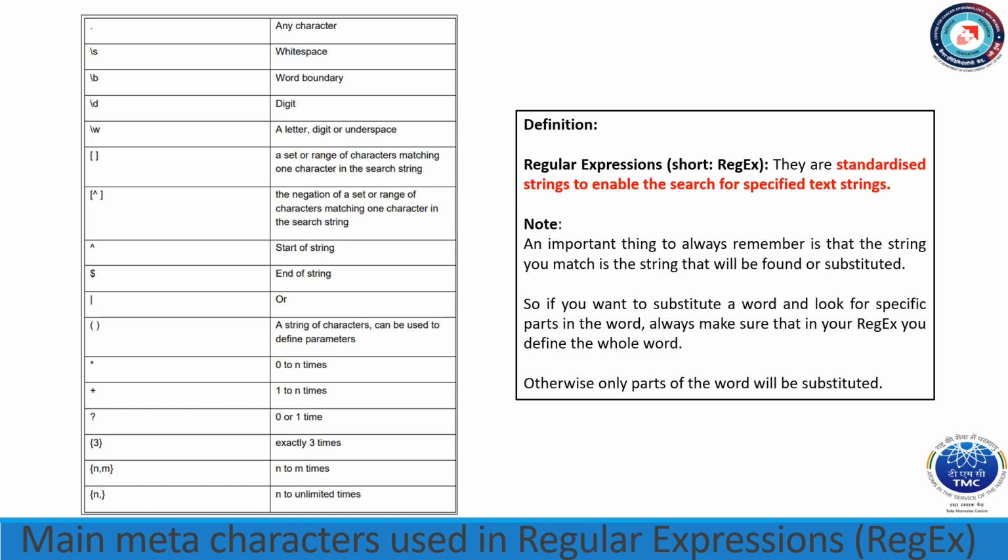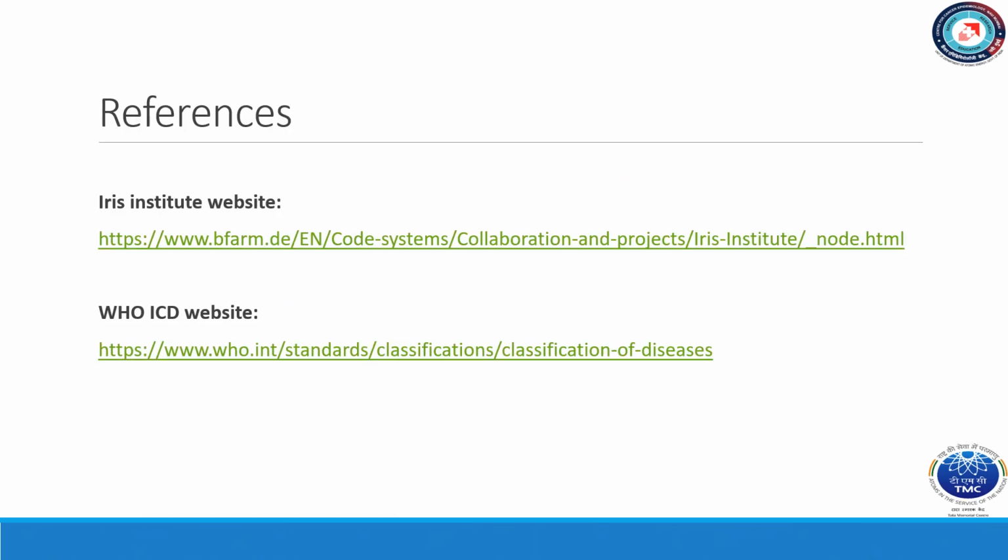The information presented in this video comes mainly from the IRIS website that is available at the link presented on this slide. Please consider looking at the website for further information on IRIS, how it is maintained, the countries implementing IRIS, and those engaged in the core group, and any other questions you may have.